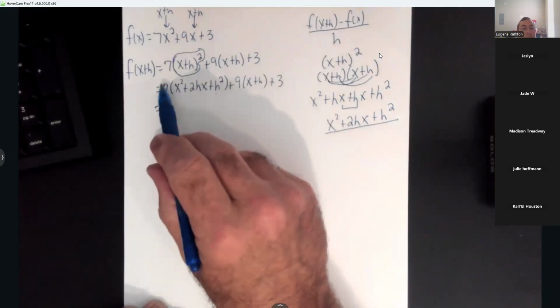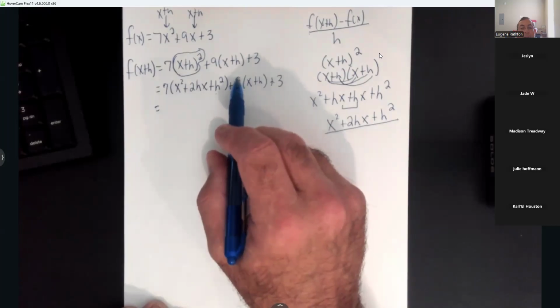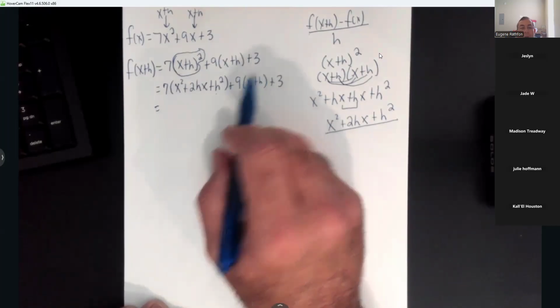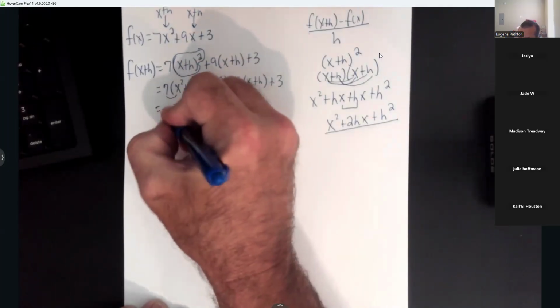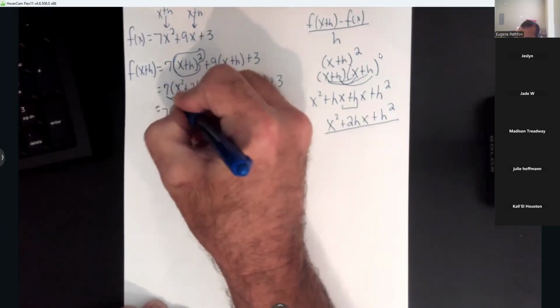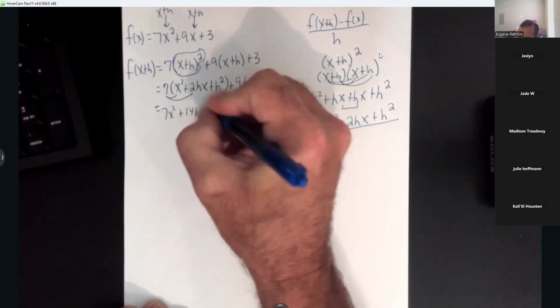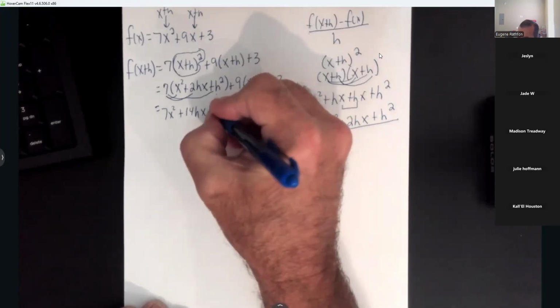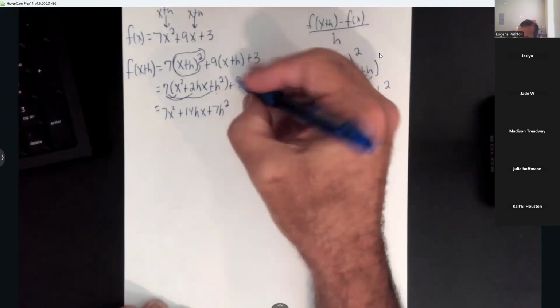Now on this step, you're going to distribute the 7 through the first parentheses, distribute the 9 through the second one. So we're going to do all of our multiplying. So I get a 7x squared plus 7 times 2 is 14hx plus 7 times h squared is 7h squared. That takes care of that one.